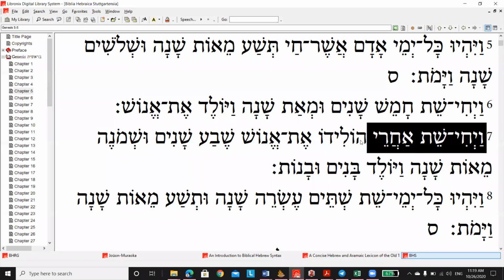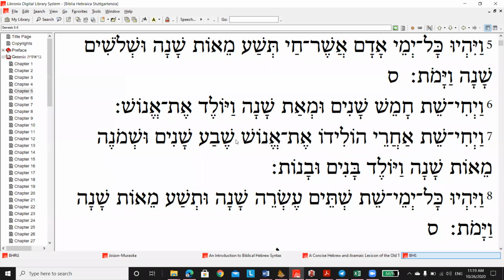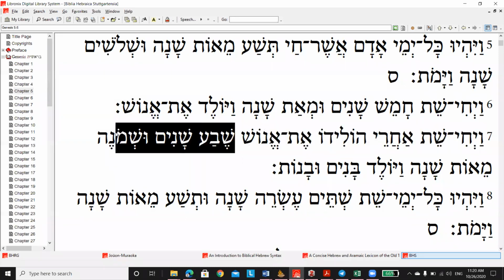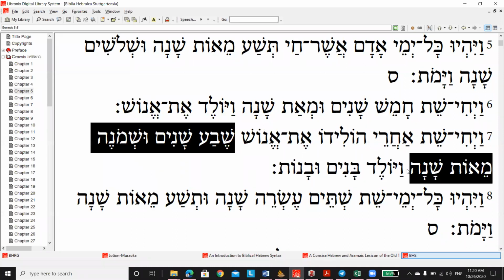Vayhi Shet Acharei Holido et Enosh, and after he gave birth to Enosh, or was the cause of why Enosh was born, and this is now the numeral, the number.